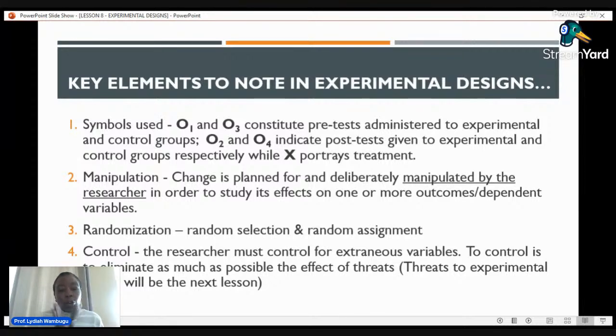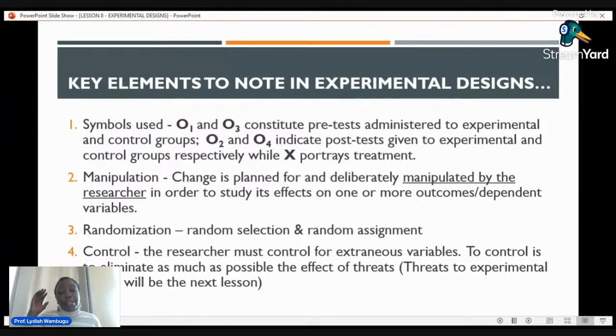So note, we have O, 1, 2, 3, 4, and then we have X. Now, the odd numbers, that is 1 and 3, represent pre-tests. And the even numbers, 2 and 4, represent the post-test. Then the lower numbers, 1 and 2, are for the experimental group.